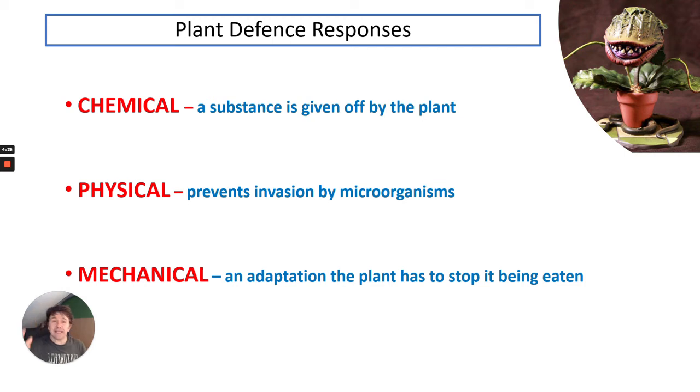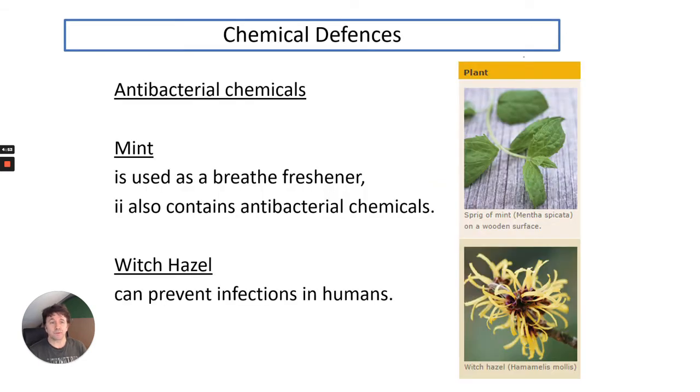Again, in your exam, more than likely they will give you lots of information. They might give you a picture or a diagram, and you have to work out whether they're chemical, physical or mechanical plant defenses. So the first one I'm going to talk about is chemical defenses. Some plants have antibacterial chemicals.